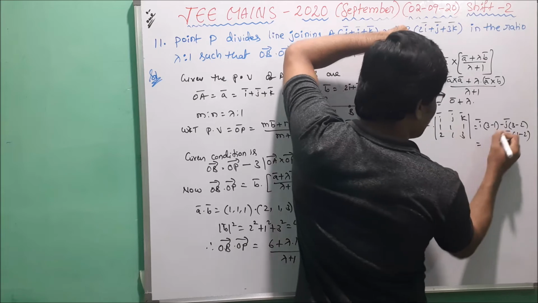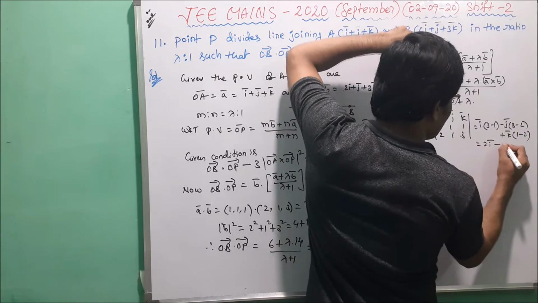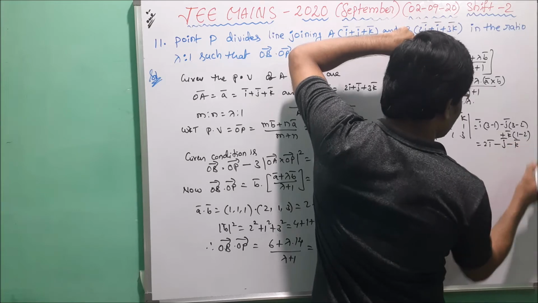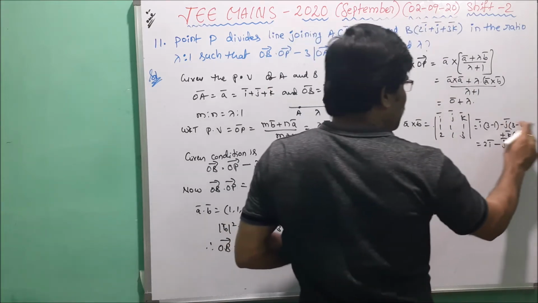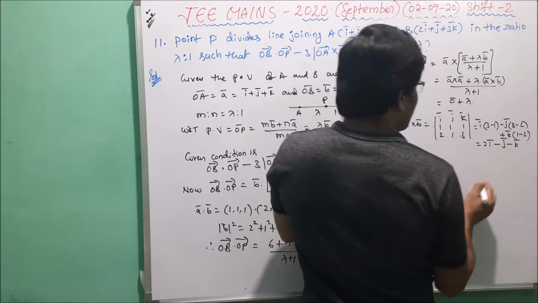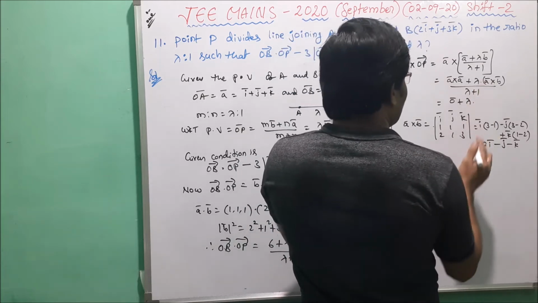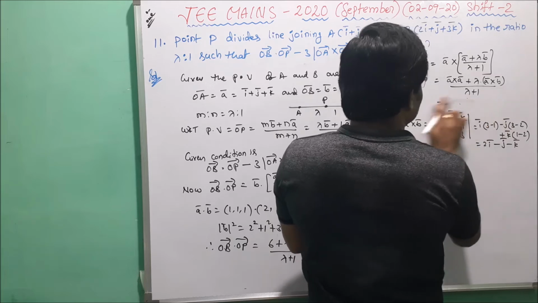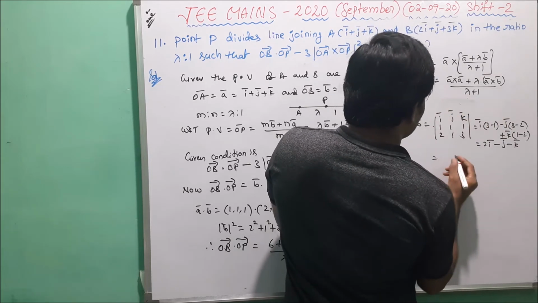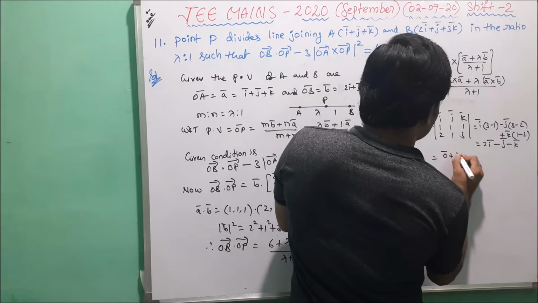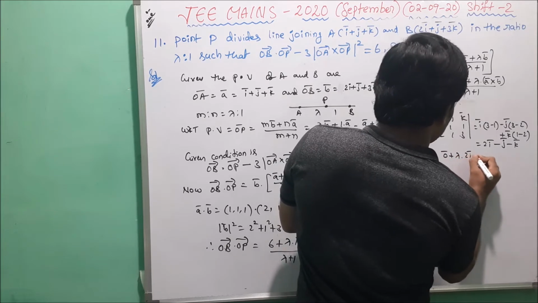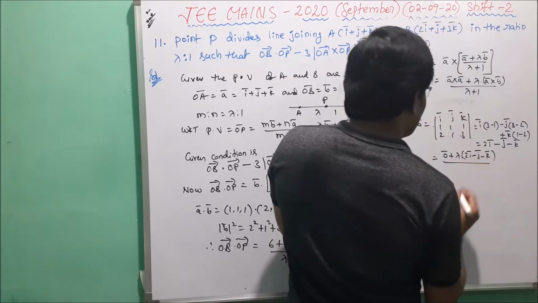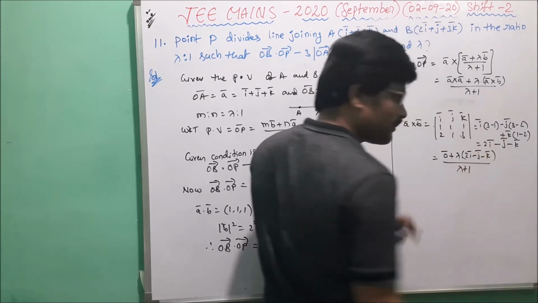Simplified, that is 2i bar minus j bar minus k bar. Now we substitute that value: 0 bar plus lambda into 2i bar minus j bar minus k bar by lambda plus 1.